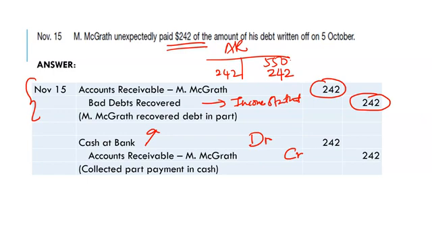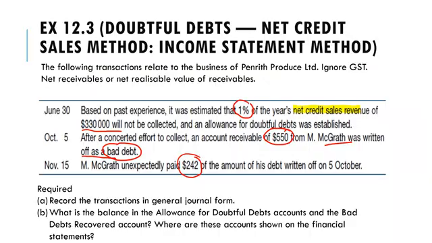So this is the process example of how we use the net credit sales method, whereby to determine the allowance for doubtful debt, we use a certain percentage based on the total net credit sales revenue. In this example, we estimate that 1% of the net credit sales will fall under doubtful debt.